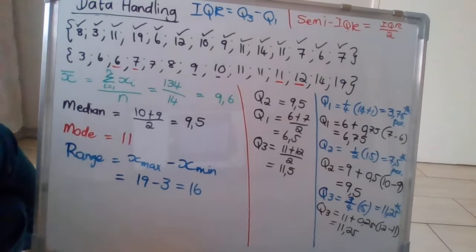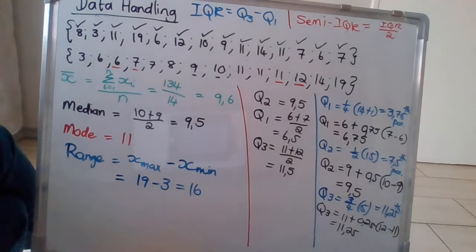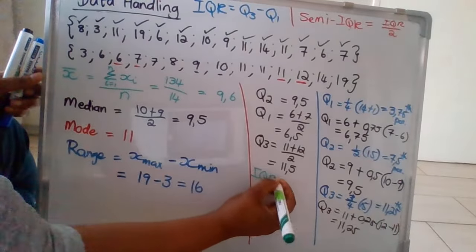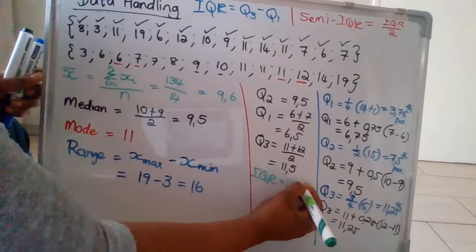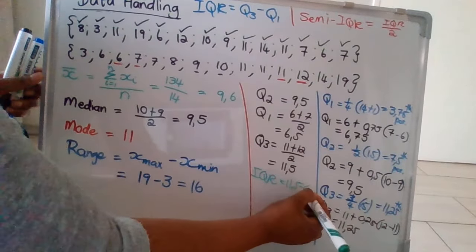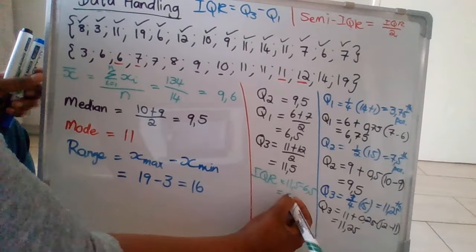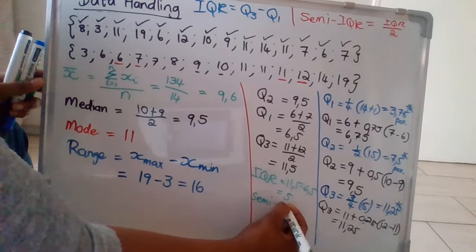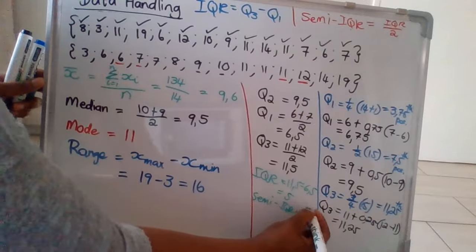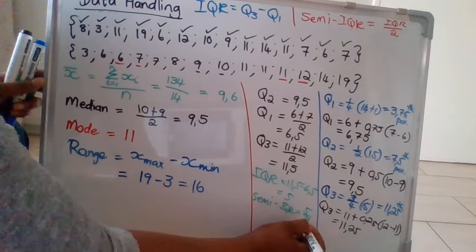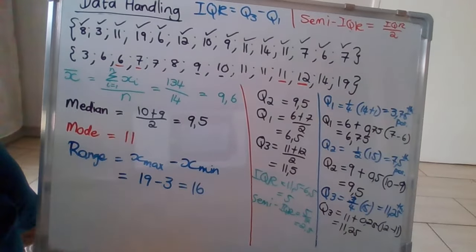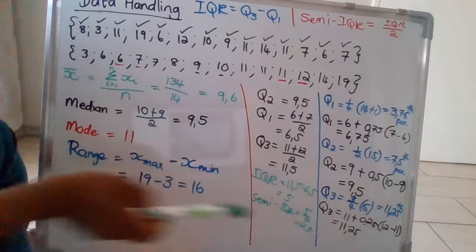And now if we were to find the interquartile range, in this instance it will be 11.5 minus 6.5, which is equal to 5. And therefore the semi-interquartile range is 5 over 2, which is 2.5. And you can apply the same for these ones as well.